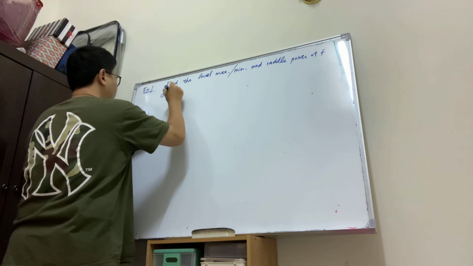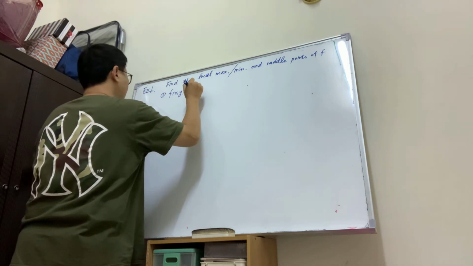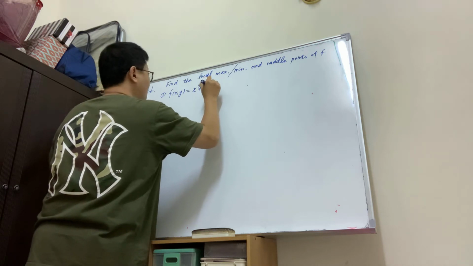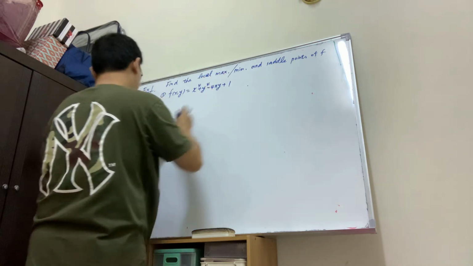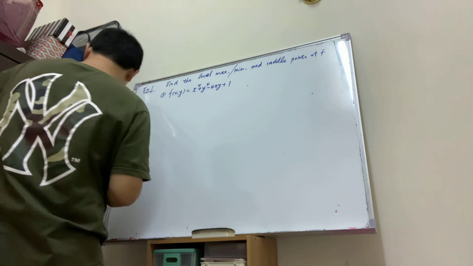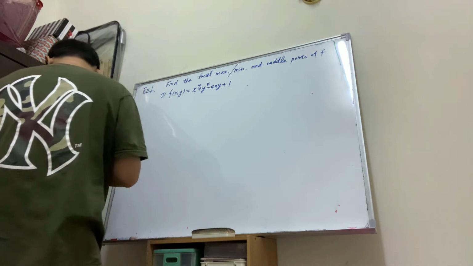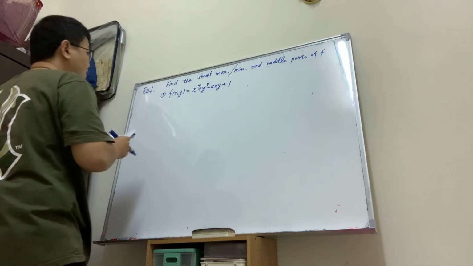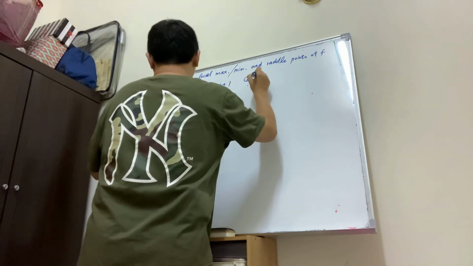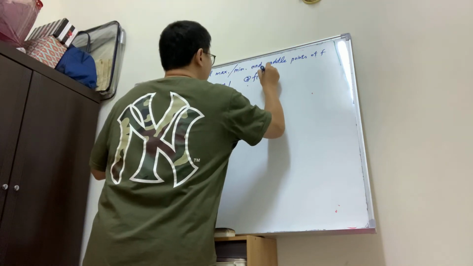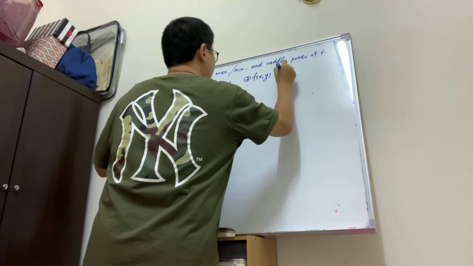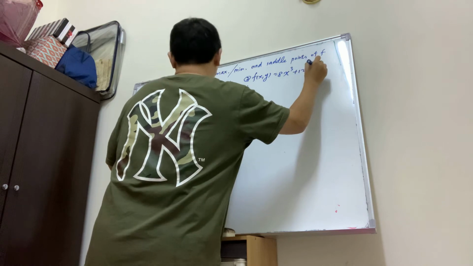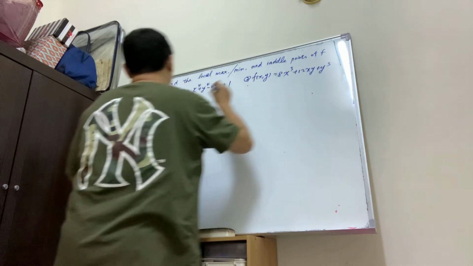The first one is f(x, y) equals x to the power of 4 plus y to the power of 4, subtract 4xy plus 1. And the second one is f(x, y) equals x cubed plus 12xy plus y cubed.